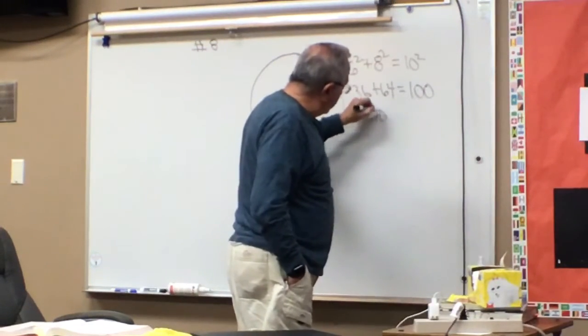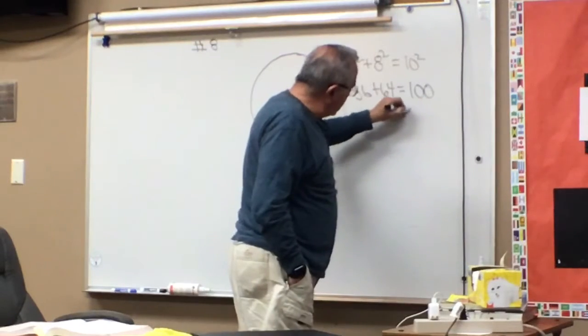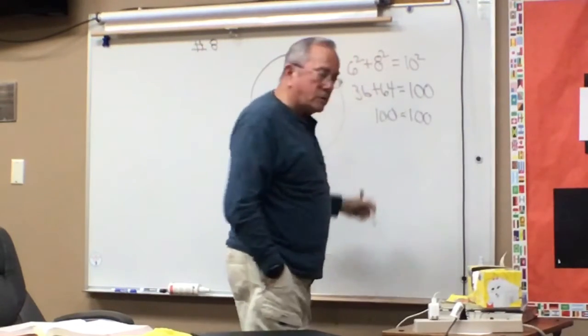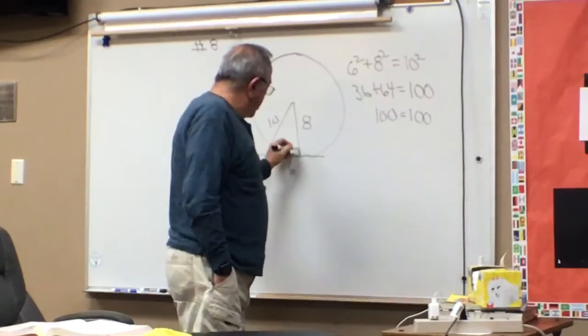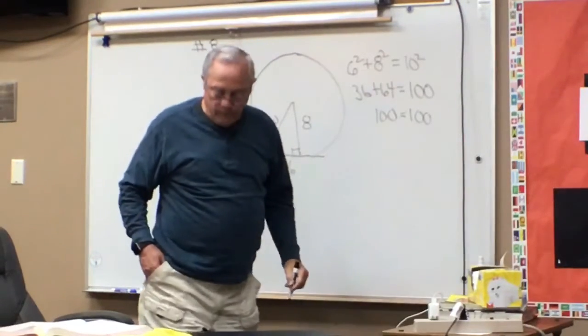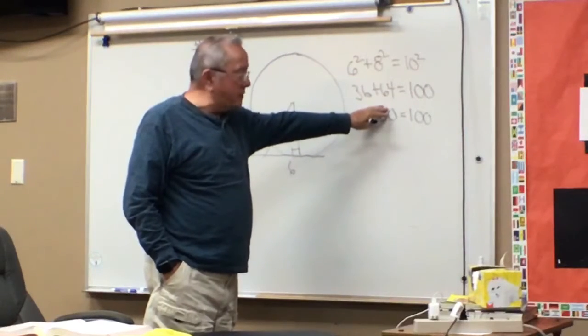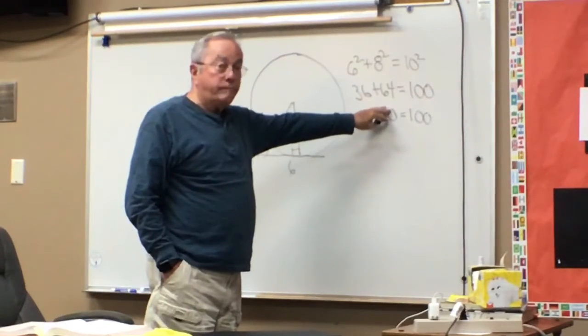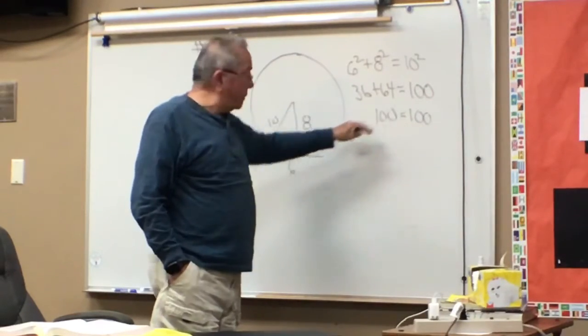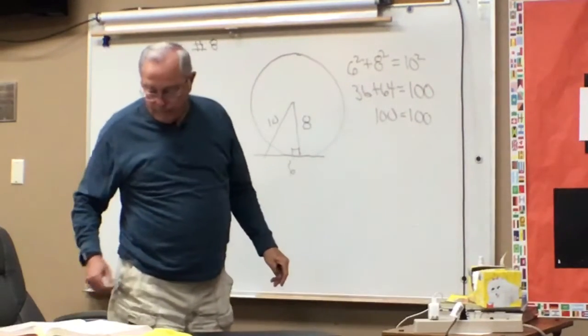Guess what? 100 equals 100. So it's got to be a right triangle, and we just proved it, didn't we? Again, here's where you got to prove it. Now, if the left side didn't equal the right side, then it's not what? A right triangle, and this is not tangent, is it?